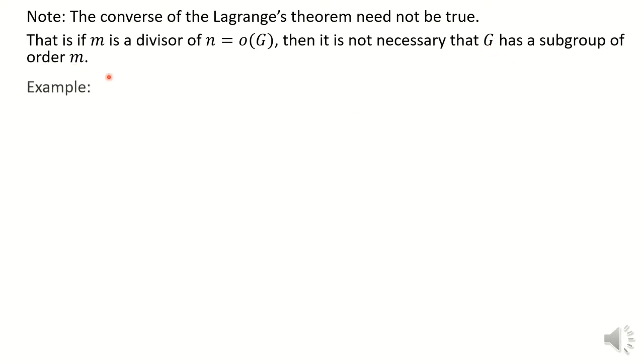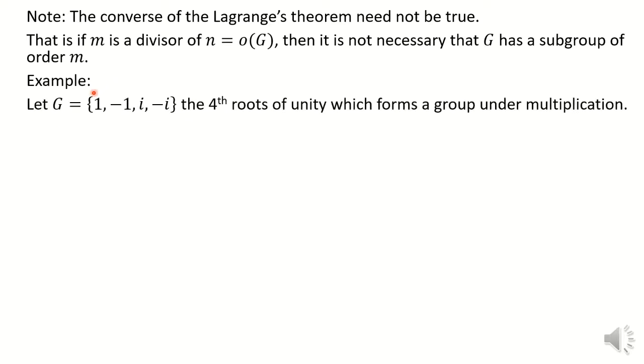For example, consider the group G = {1, -1, i, -i} of fourth roots of unity, and we know that this forms a group under multiplication. I will consider a subset H = {1, i} of the group G.